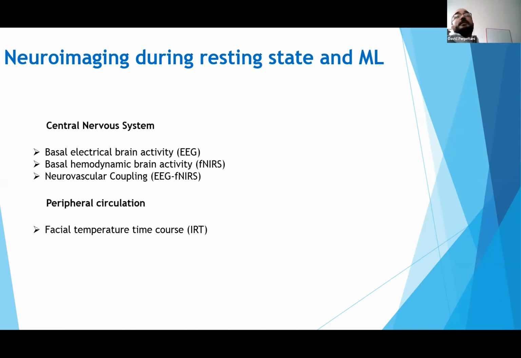So in this case we also evaluated the central nervous system activity by means of EEG and fNIRS, combining EEG and fNIRS to evaluate the neurovascular coupling, but we also wanted to evaluate peripheral circulation impairments by means of the phasic temperature time curves by means of infrared thermography.